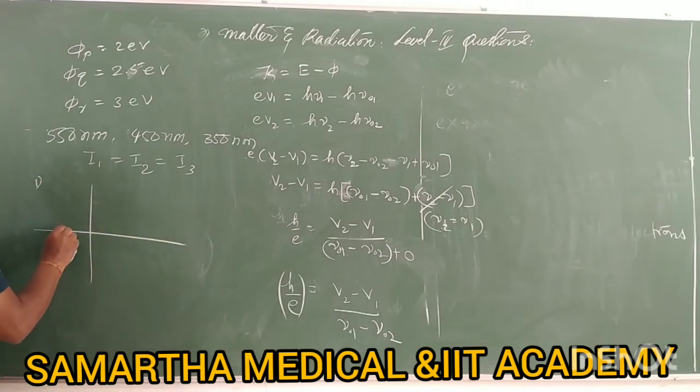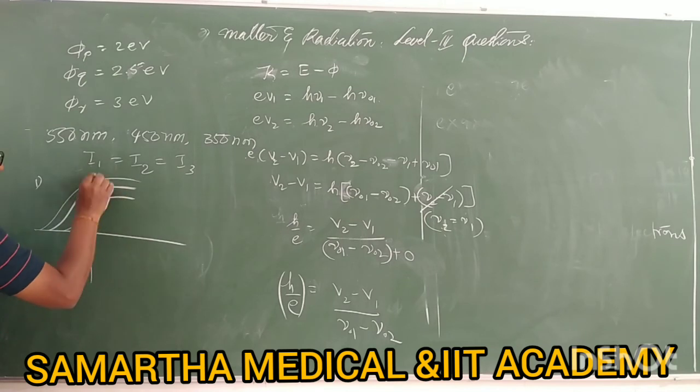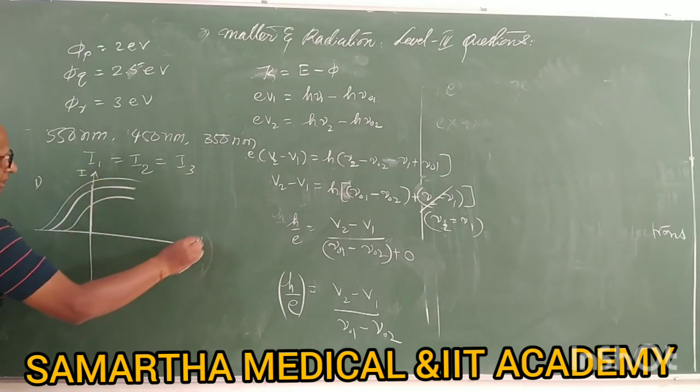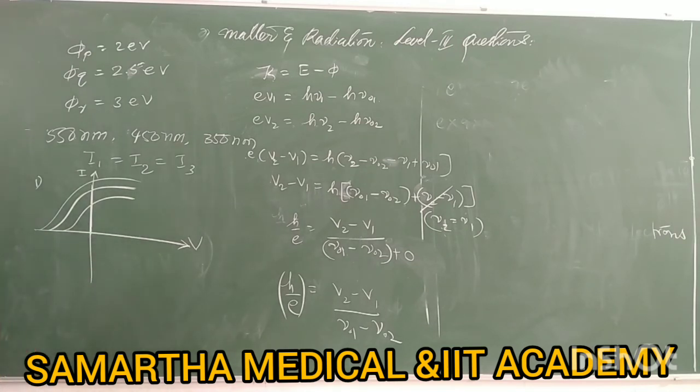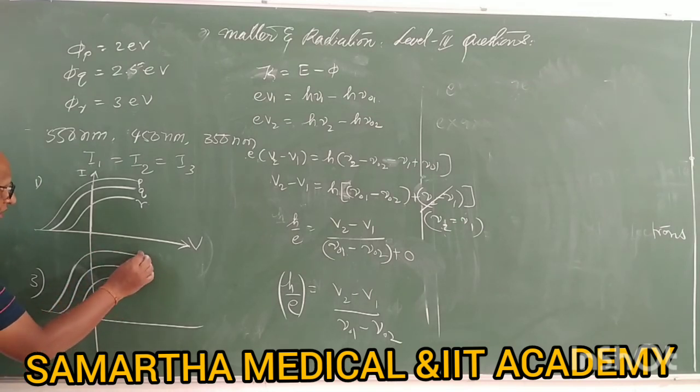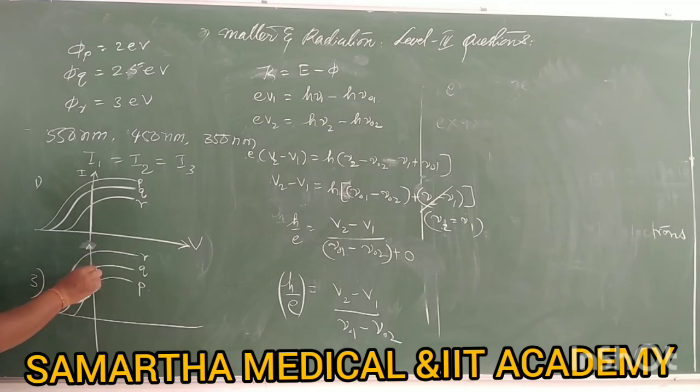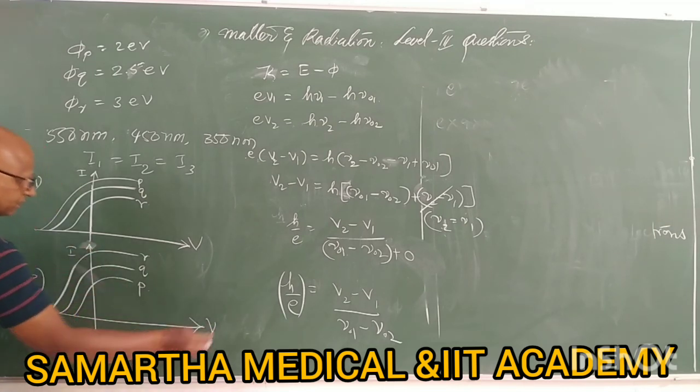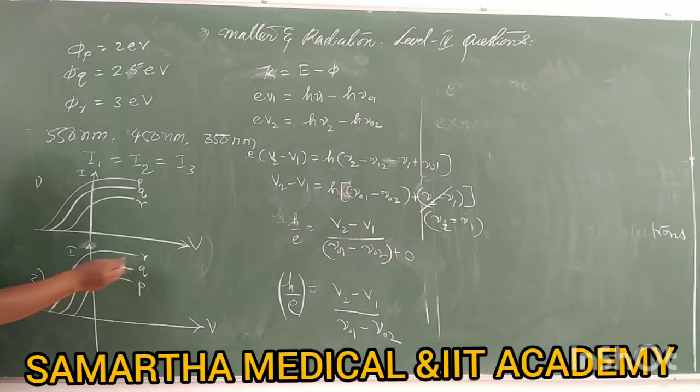Change the first graph like this, I versus V, making this P, Q, R. And the third graph you must change like this, R, Q, P. This is your I versus V. This is how you have to change the first and third options.